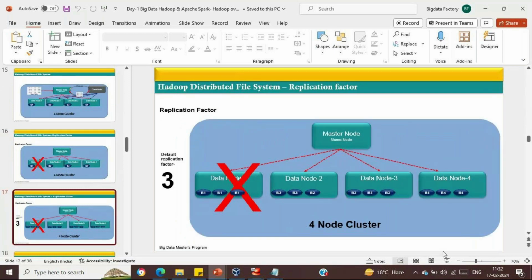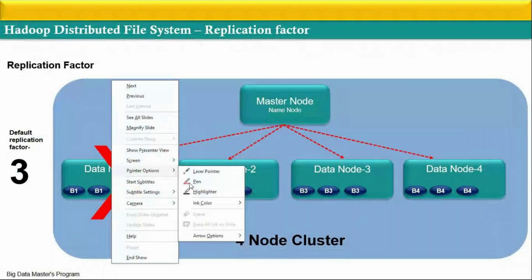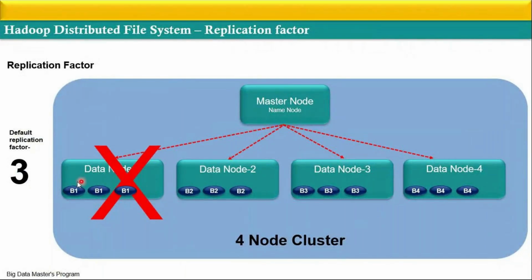Probably you are able to recall this particular diagram. Over here we have created multiple copies. Over here we have three replicas of each and every block. But if we have all the replicas on one node and that particular node is down, then we will not be able to recover the data, right?